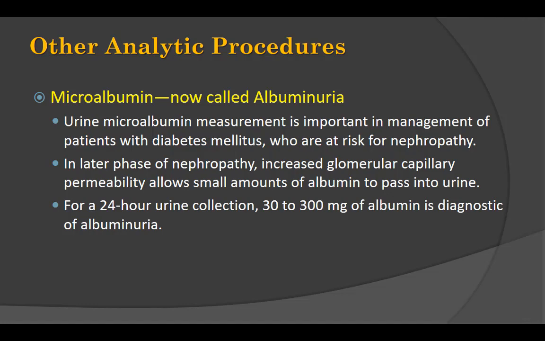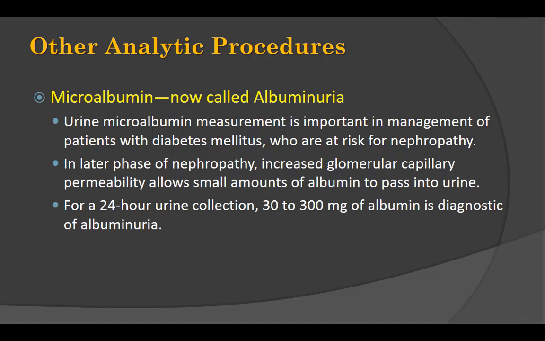You have problems in the eyes, problems in the kidney, problems with the blood vessels, right? So if kidney damage is occurring due to diabetes, the first thing that appears in the kidney is albuminuria. So it could give you an indication that diabetes is affecting the kidney. So it's an early indication of diabetic nephropathy.